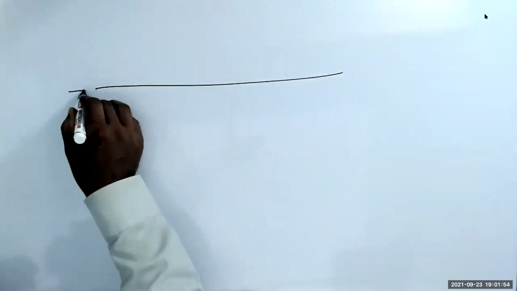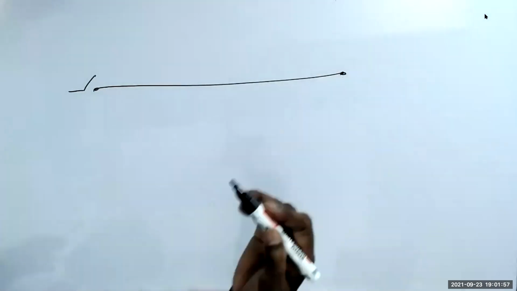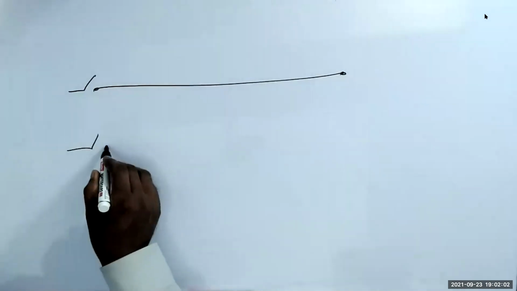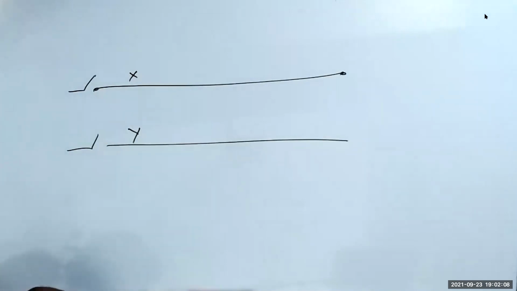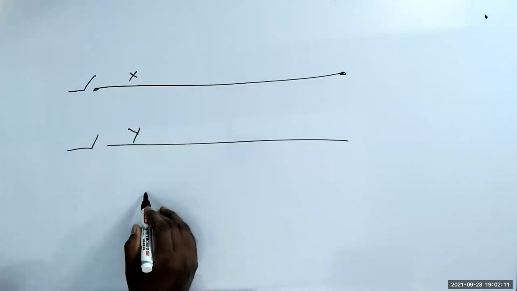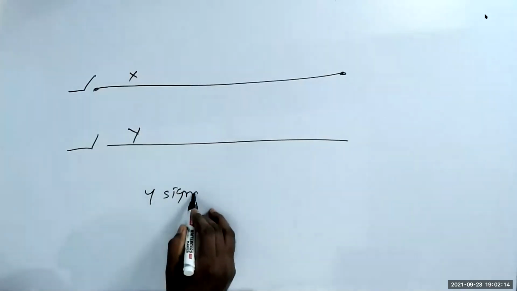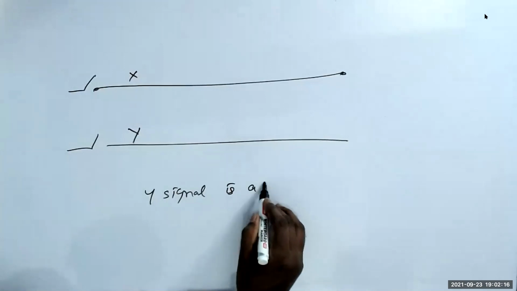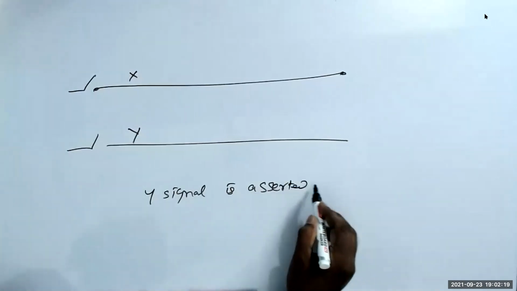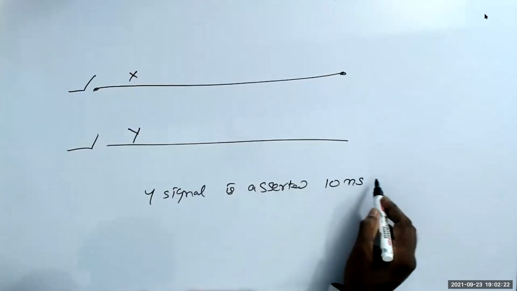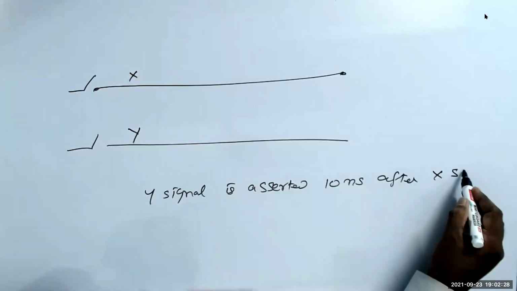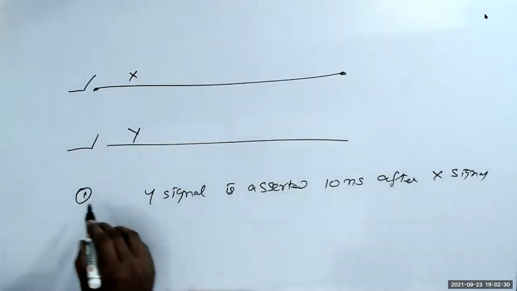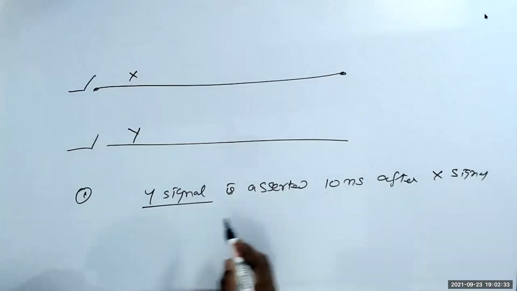You have a switch, and here is the one that is receiving. Understood? And you have one more signal. Call them X and Y. Instead of writing in English: one, the Y signal is asserted 10 nanoseconds after the X signal is asserted.